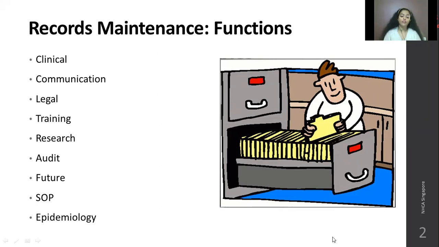On page 55, the first is the clinical function. It means to document the clinical assessment, what plan you have made, clinical management, nursing management, pharmaceutical management, and how the progress of the patient is. Everything will come under the clinical records. Then you have communication.